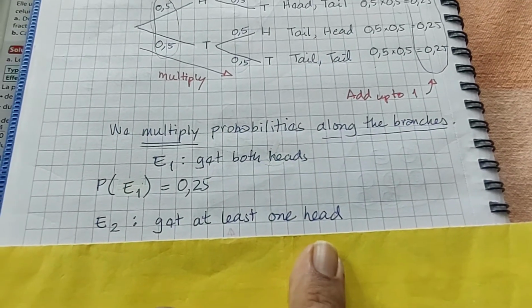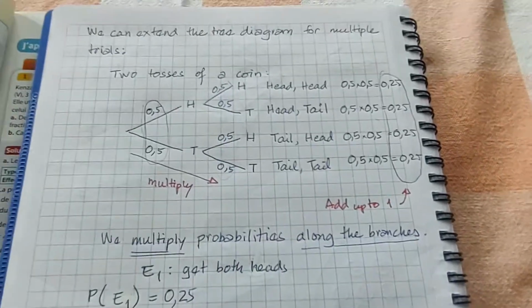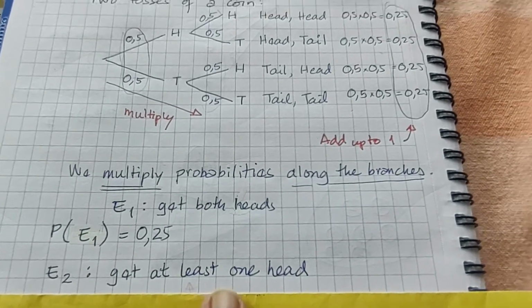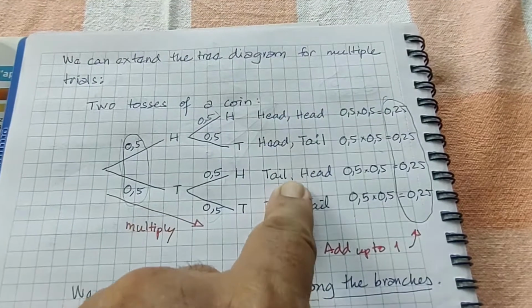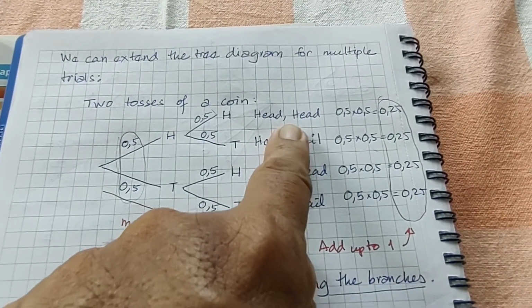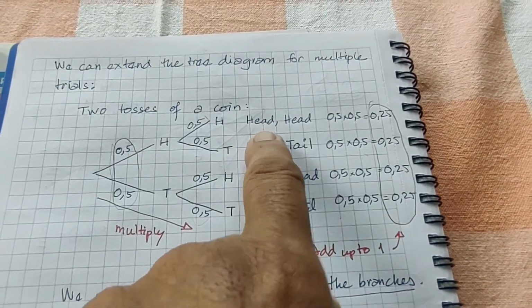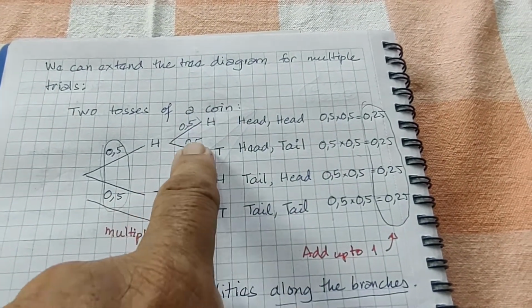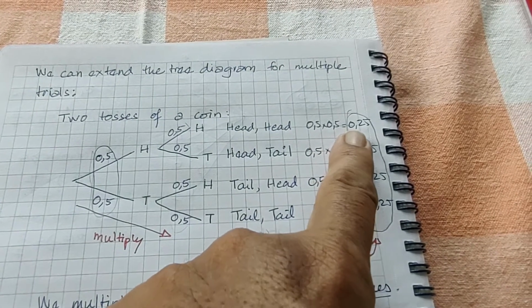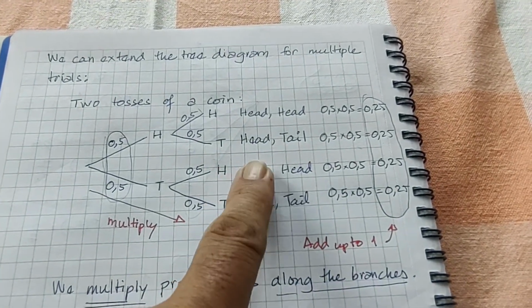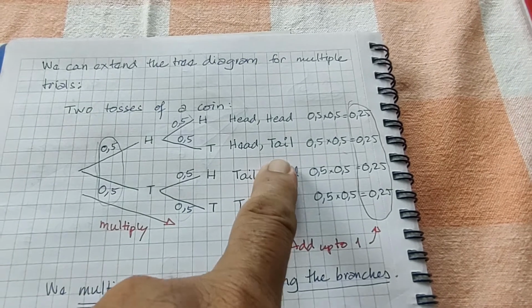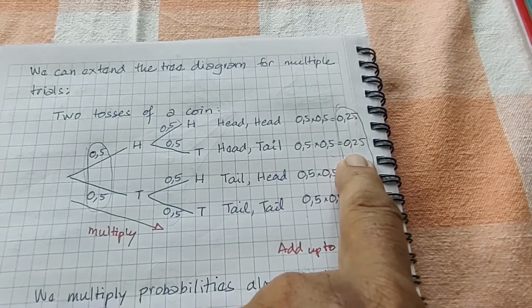Now this is where the tree starts becoming really useful. So you have to see in all these combinations which of them has at least one head. So this one there is one head. Okay, so this outcome, head and head, satisfies the event, so you add 0.25. Here again you have head and tail, this also satisfies it, so add 0.25.